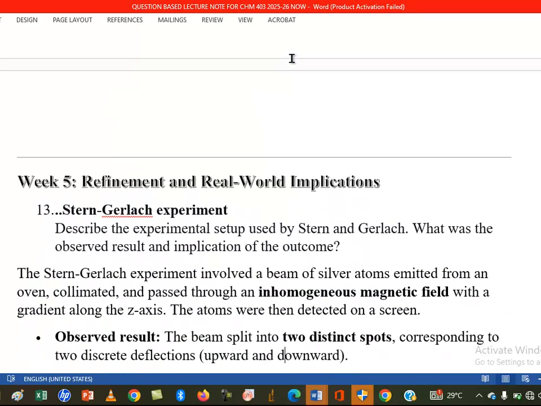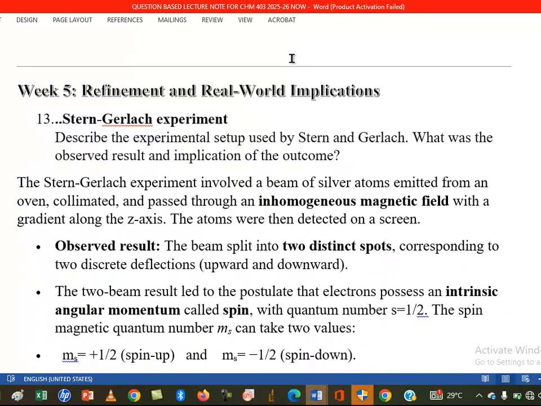Now to question 13. So we're about to finish this. We are going to question 15. So to question 13, Stern and Gerlach experiment.